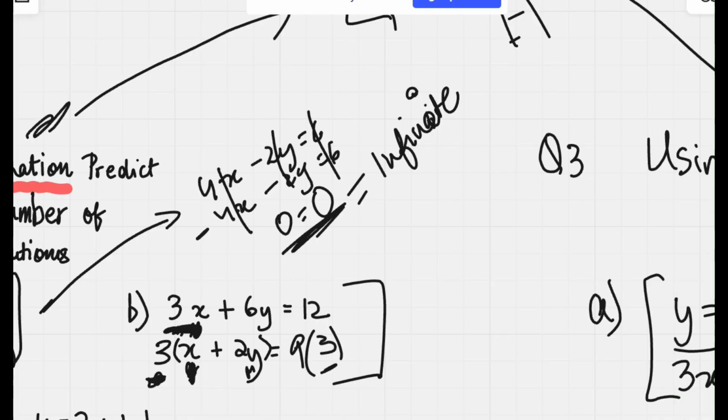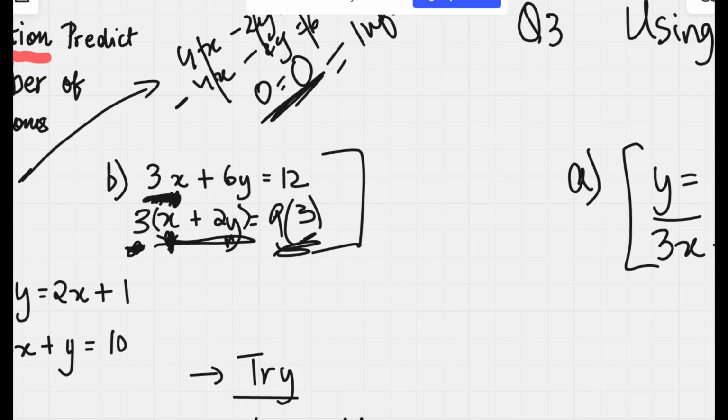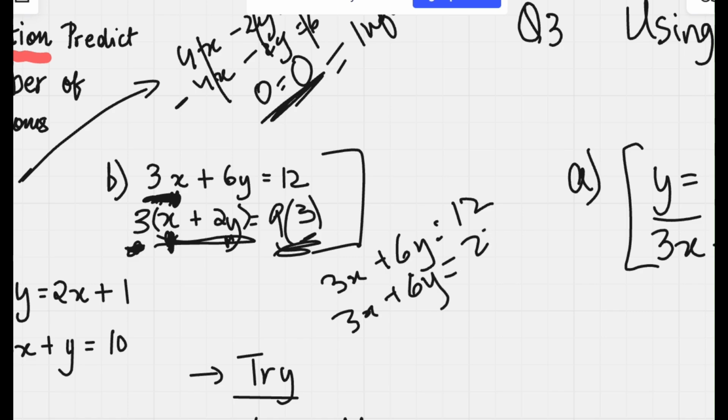Now, if we multiply the left side, as I just mentioned, we have to multiply the right side, which gives us 3x plus 6y equals 12, and 3x plus 6y equals 27, right?